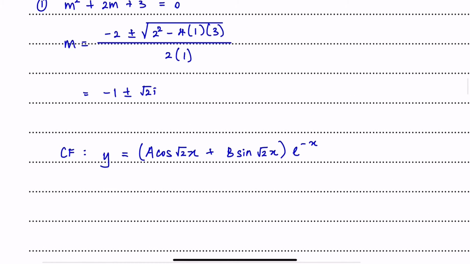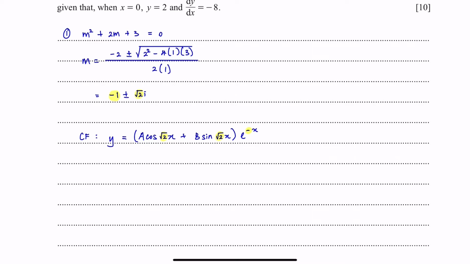It's basically for the negative 1 in the real axis, I put it here, in the power of e to the x. And for the imaginary number, I put it at the cosine and sine part. So we will get this general form of the complementary function, and we will find A and B later.